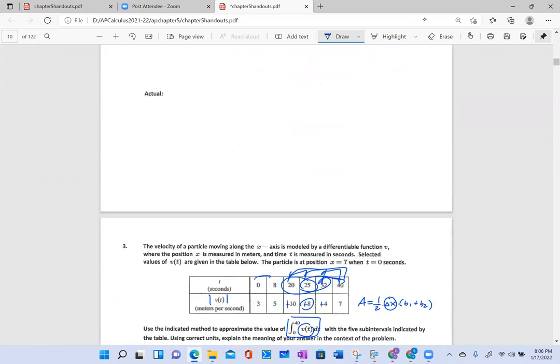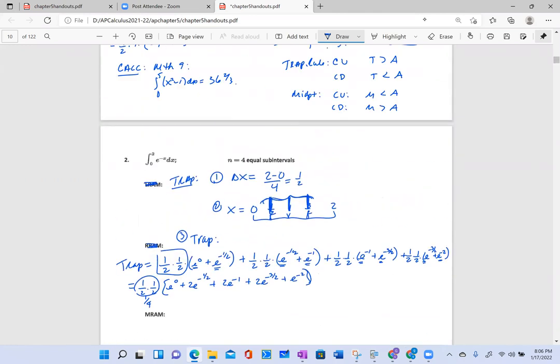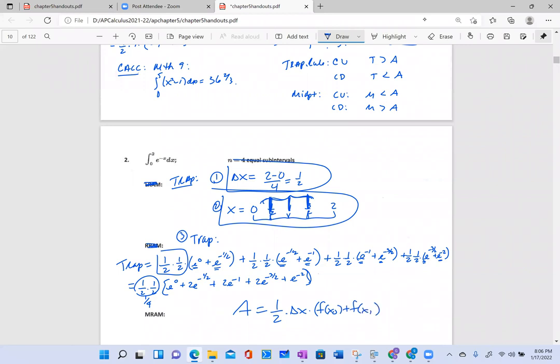So again, the bottom line is the trapezoidal rule is nothing more than find delta x, get each of your x's, and the area of a trapezoid you do one at a time: A equals 1/2 times delta x times your first y plus your second y, which comes from putting in your first x and your second x.